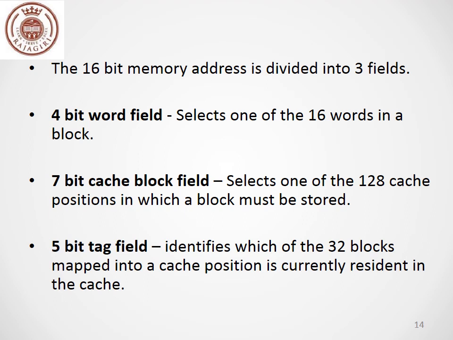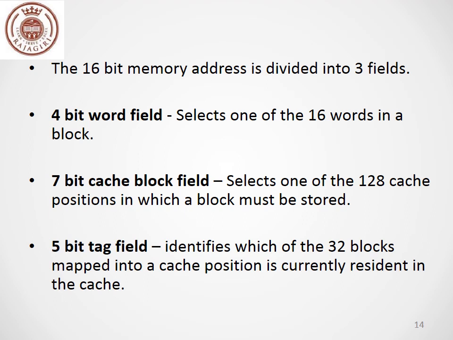Okay, next one is the 7-bit cache block field. It is used to select one of the 128 cache positions in which an incoming block must be stored. So we know that our cache memory consists of 128 positions. Into which of these 128 positions an incoming block from the main memory should be placed? That is decided using this 7-bit cache block field.